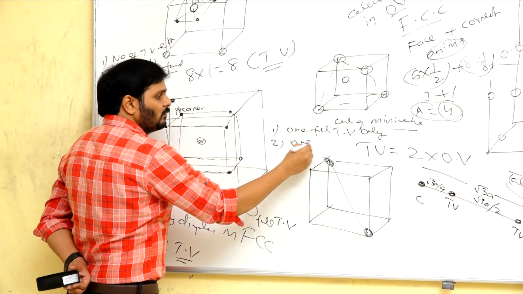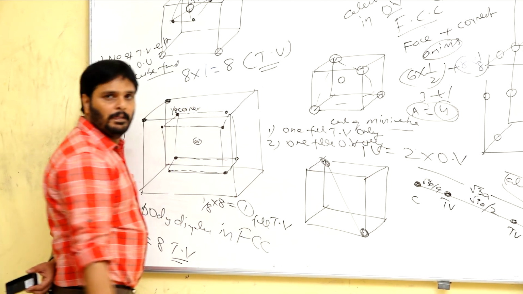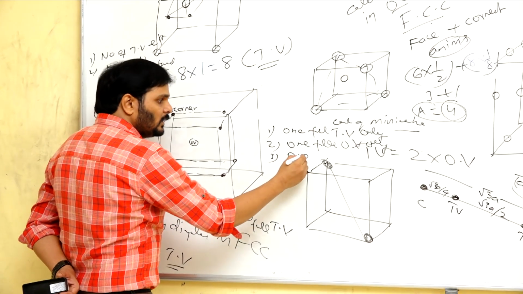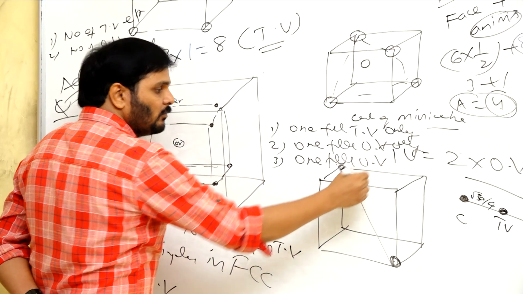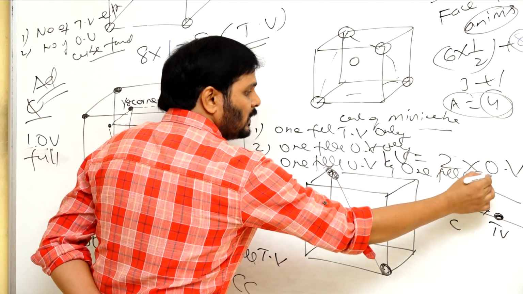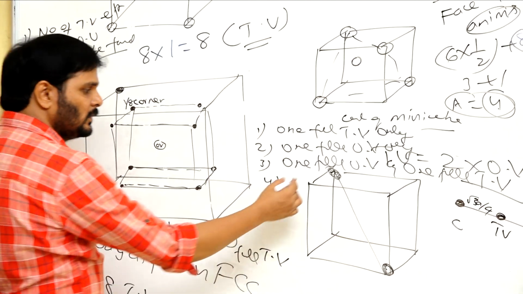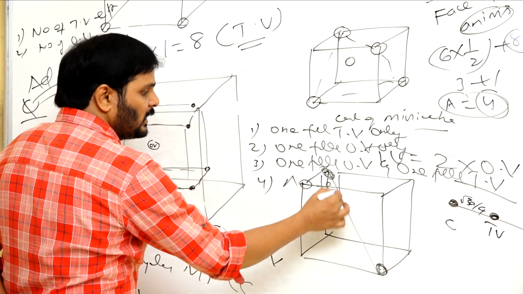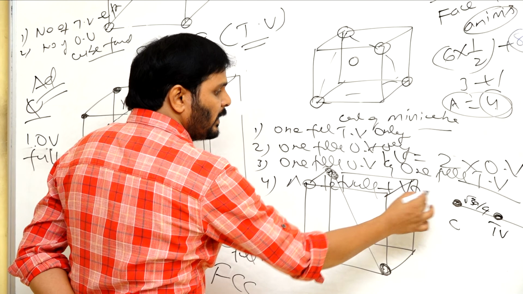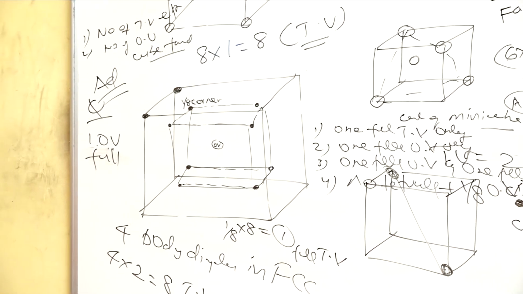Second: one full octahedral void only. Third: one full octahedral void and one full tetrahedral void. And fourth: no tetrahedral void and 1/8 octahedral void.